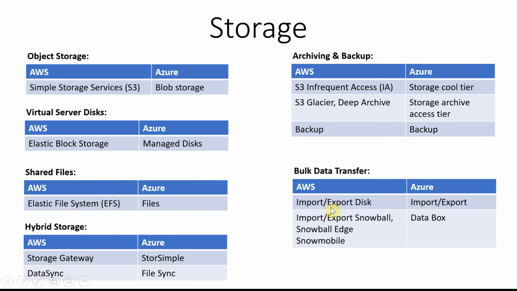If the data is not very huge, not at the petabyte level, I mean it's just at the gigabyte level, then you can use import and export. You can take your on-premise data and import it using the import/export tool.